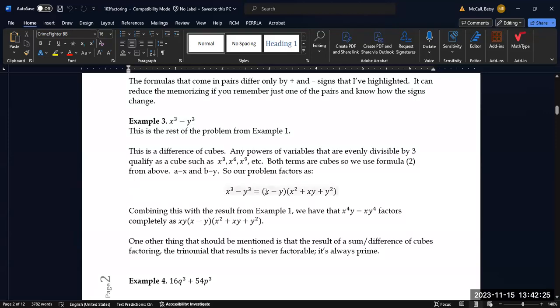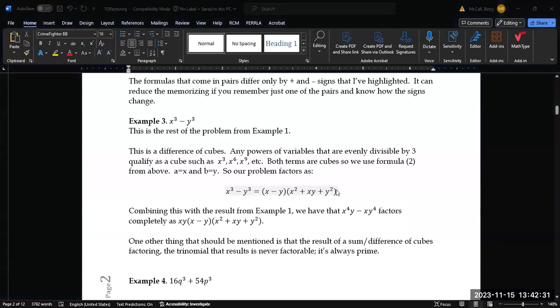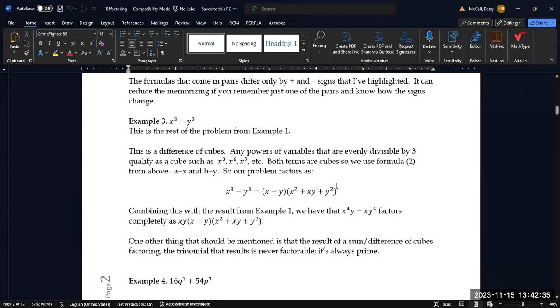And so that factored form is x minus y, and the second factor is x squared plus xy plus y squared. And again, if you want to check it, you can always FOIL it out and make sure that all the squares and linear terms do in fact cancel. That's why these factors are chosen this way.